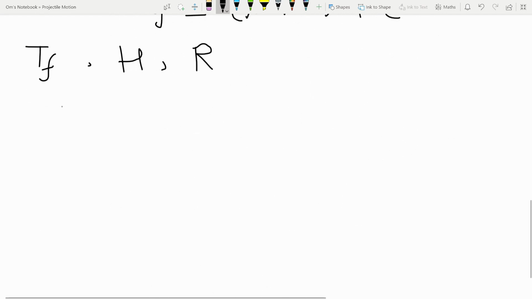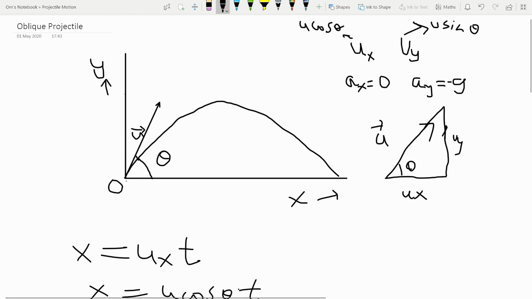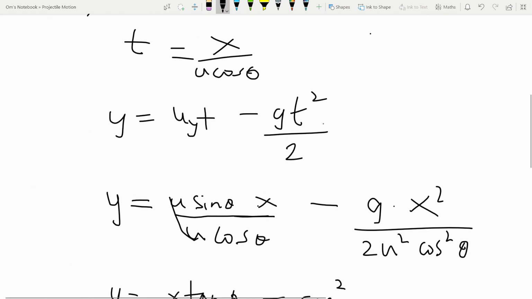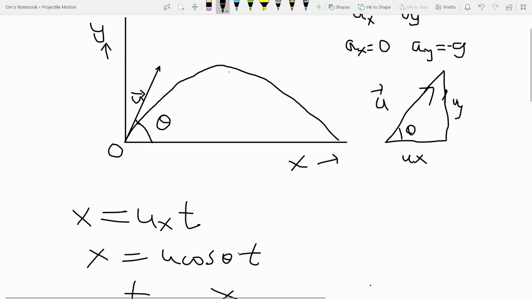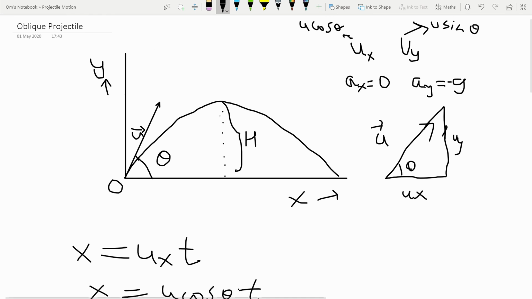So the first thing that we're going to start with is the time of flight. I mean the total time it takes for the projectile to go up from here and then come back over there. Alright, so what we're actually going to do is work with symmetry over here, and we'll draw a dotted line to indicate the point at which it has reached capital H, that is, the highest vertical distance the projectile will achieve, and after that it will start falling down.